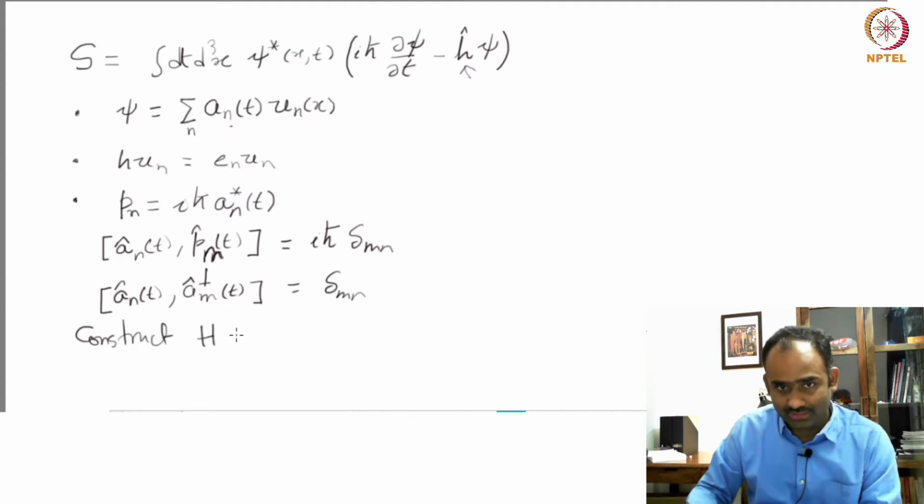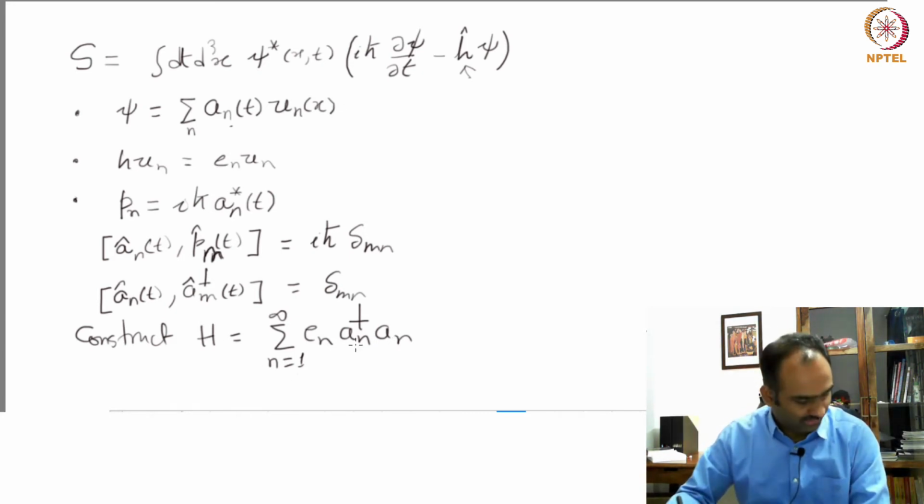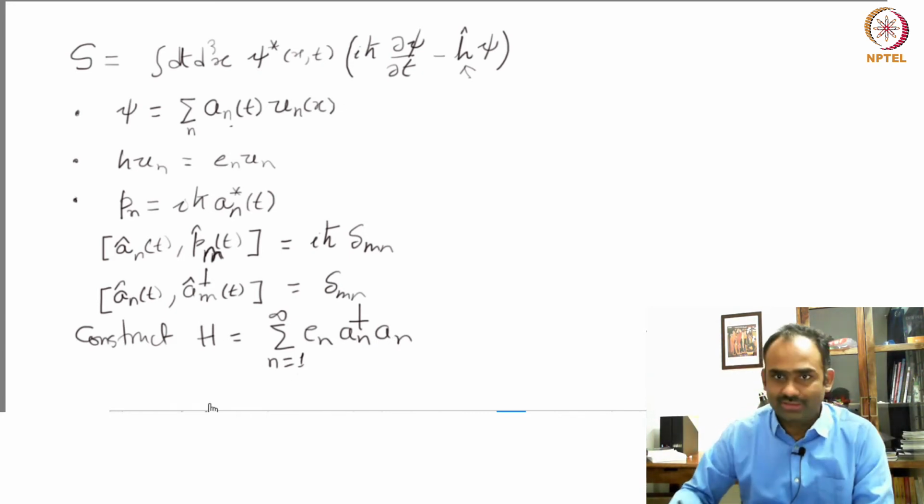of this theory, this quantum theory, it turns out to be the following. Okay, which is really a sum of infinite number of harmonic oscillators.